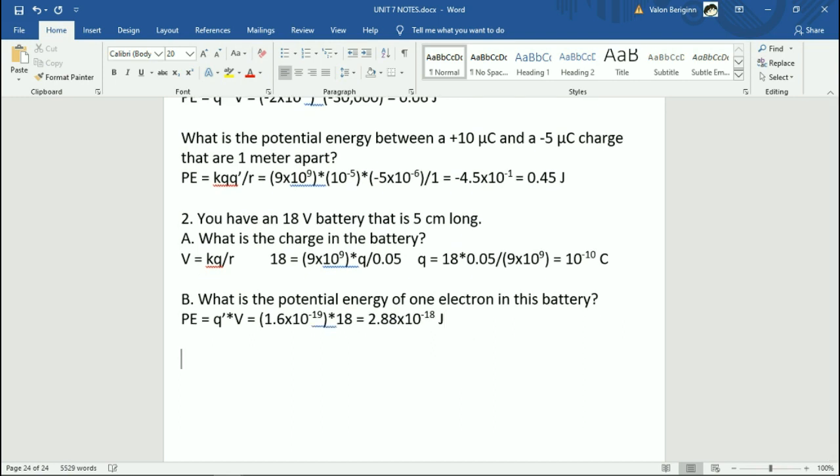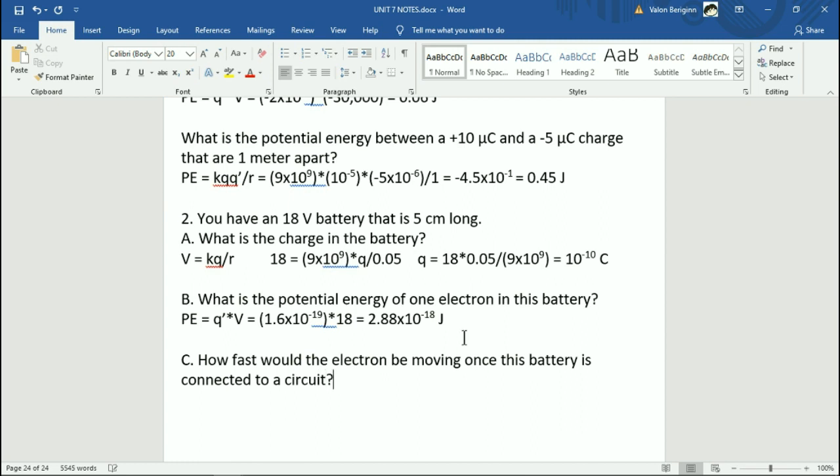And then you could say, okay, how fast would the electron be moving once this battery is connected to a circuit? Here we have a potential energy, and this potential energy is now getting converted into kinetic energy.